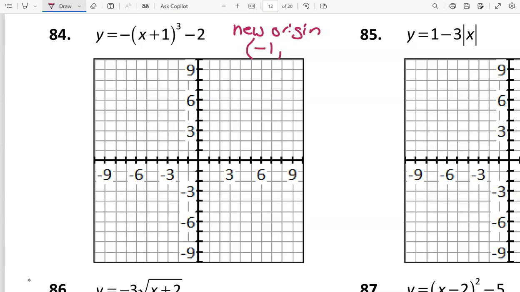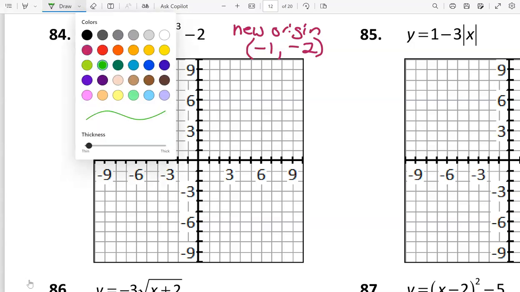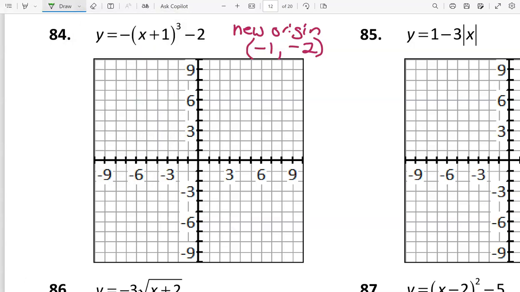So that's x value of -1, because -1 plus 1 is equal to 0. And then the addition or subtraction outside gives us the y value for the new origin. So I know that the new origin for this function is at -1, -2.